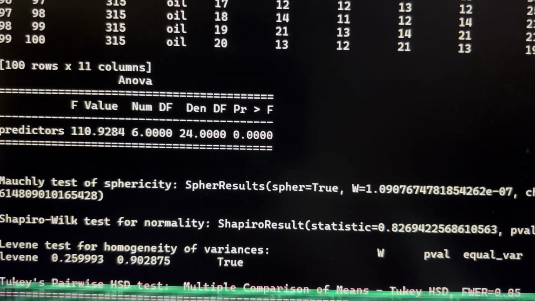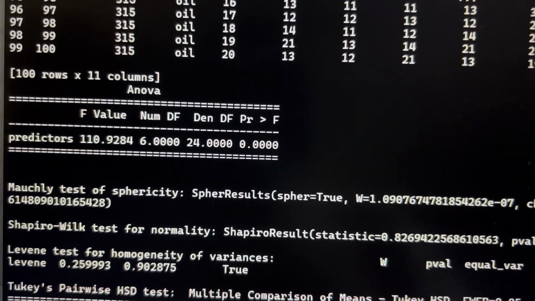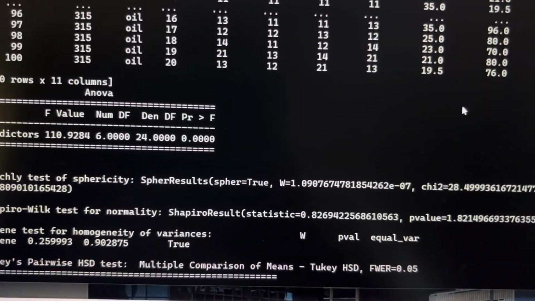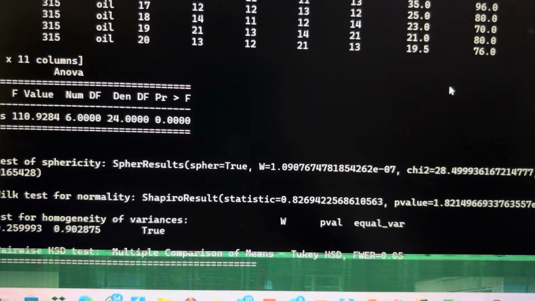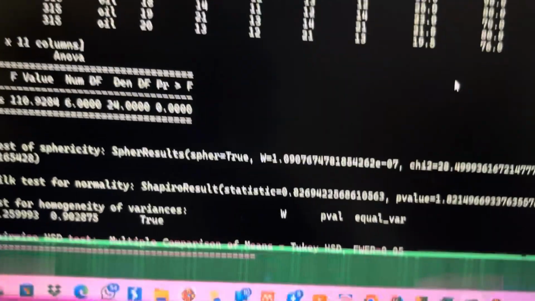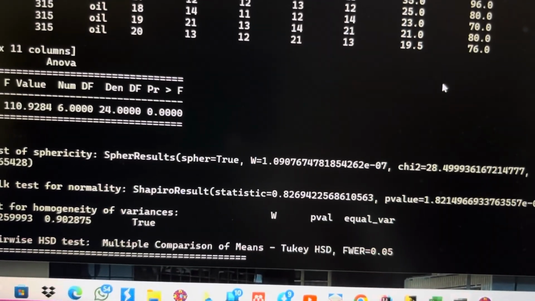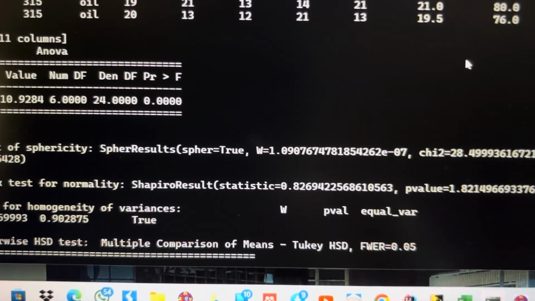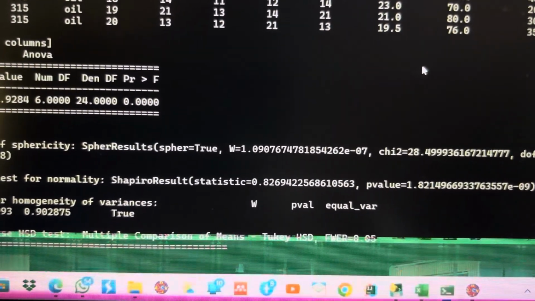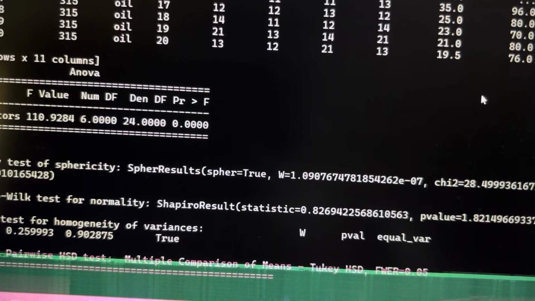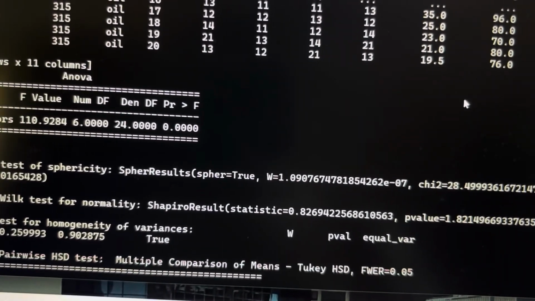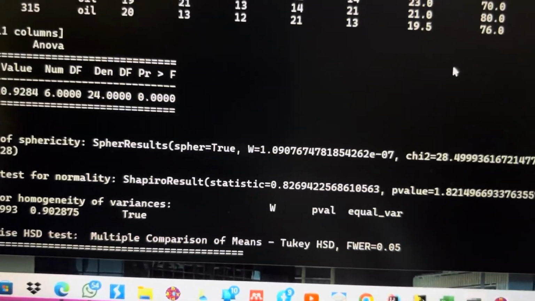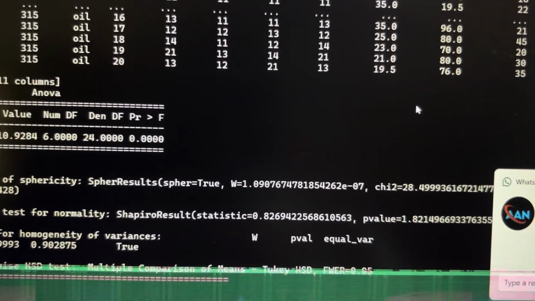Now we look at other things here. The test of sphericity is always a good test that will show the sphericity of the data distribution. You can see the sphericity results. Sphericity equals true, that is, sphericity is not violated.